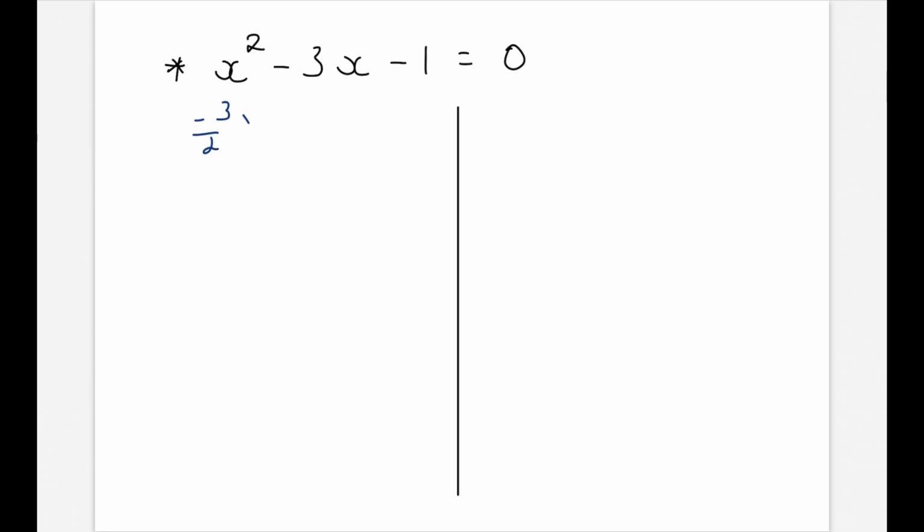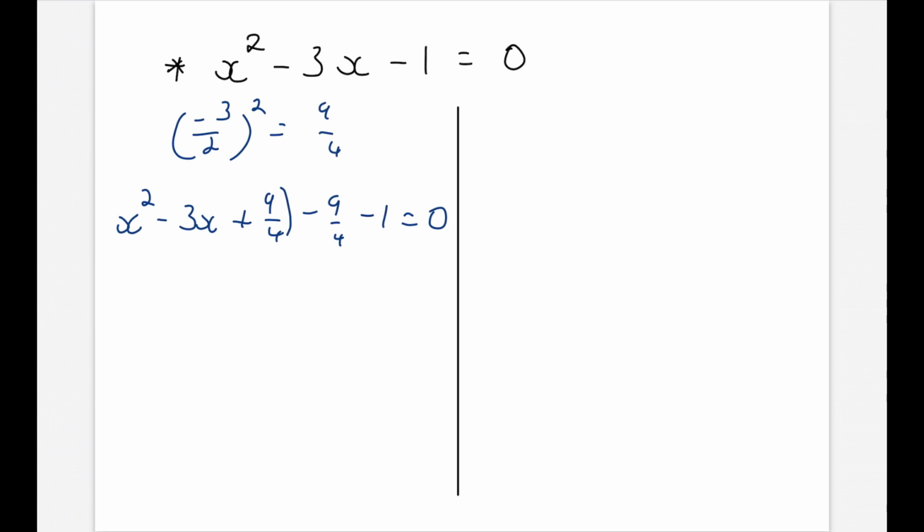B is negative 3, half of b squared is 9 over 4. So we have here x squared minus 3x plus 9 over 4 minus 9 over 4 minus 1 is equal to 0. We're going to look at the first 3 as a separate trinomial. Then we're going to factorize. So put here x and x, 3 over 2 and 3 over 2, then a minus and a minus.